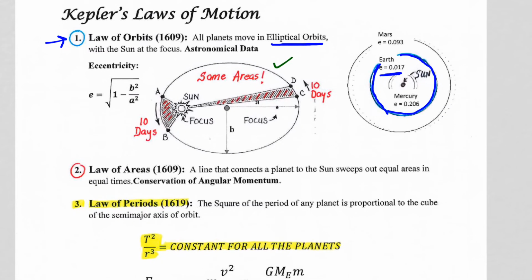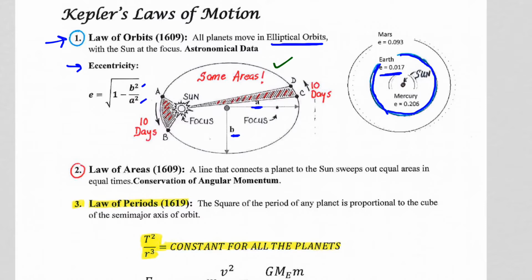To remind you about ellipses and circles, ellipses are described based on their eccentricity. And eccentricity is kind of just what the name implies, how eccentric. When something is eccentric, it's different. So how different is an ellipse from a circle? Well, if the eccentricity is equal to 0, that means the semi-major and the semi-minor axis are identical.